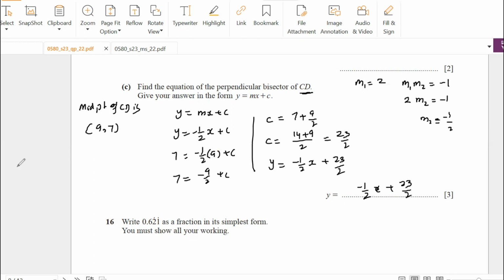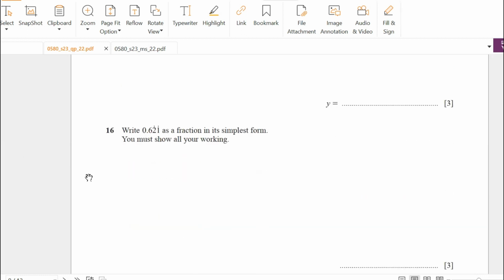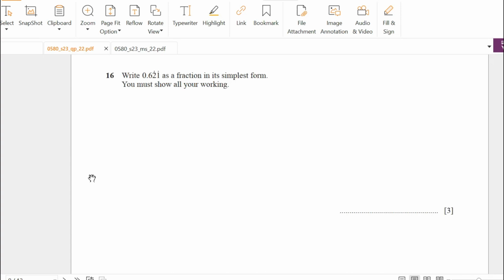We move on to the next question. Write 0.6212121... as a fraction in simplest form. We know that this is a recurring decimal, and we can say that x is equal to 0.6212121... After this we can see that 21 is repeating in this situation.